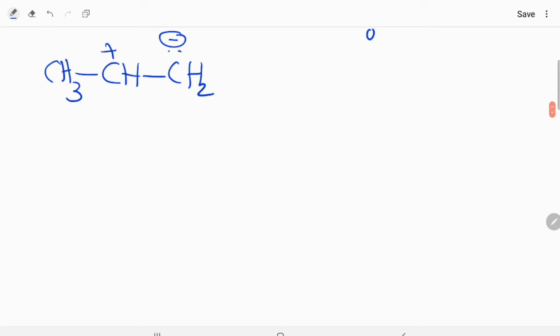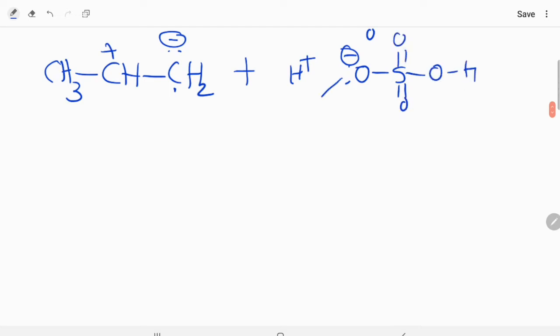So what we take into consideration is that the pi electron cloud is shifted onto this particular carbon. Now we will take sulfuric acid. So one H plus is there and one O minus having S, double bonded oxygen, one OH. Now this one will form the bond, and H plus is added here.